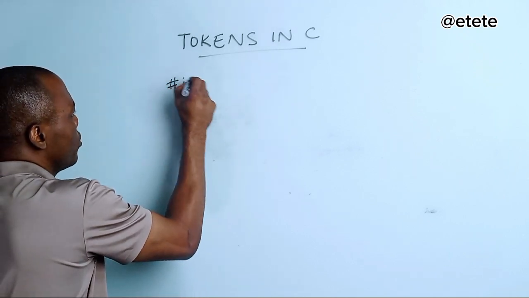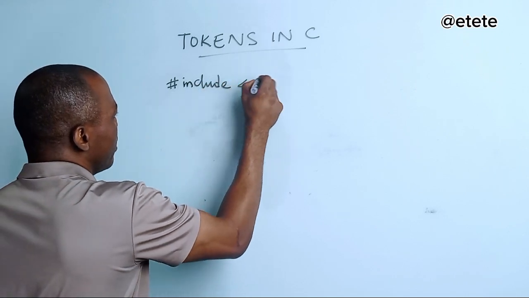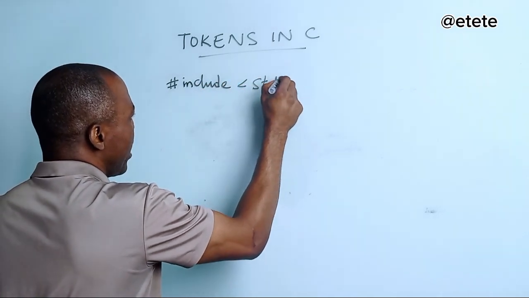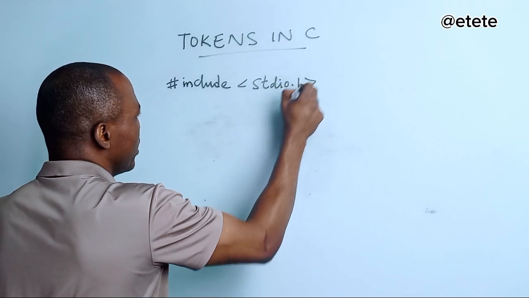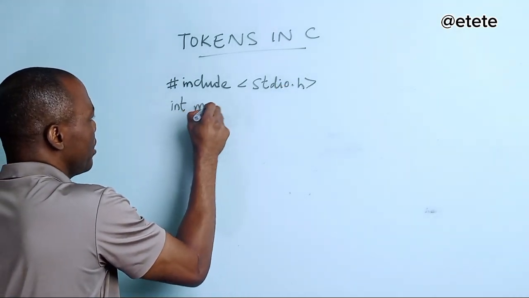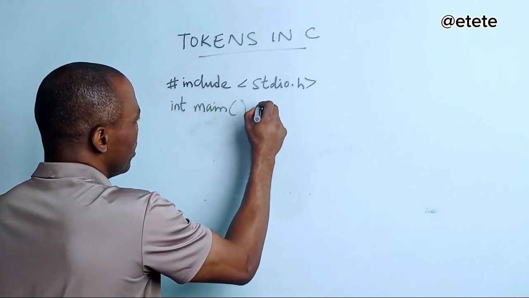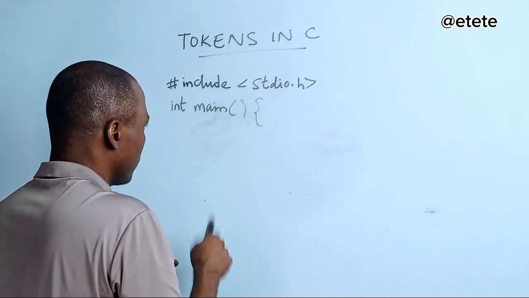We write #include <stdio.h>, then we close this. Then we say int main, we call our main function.